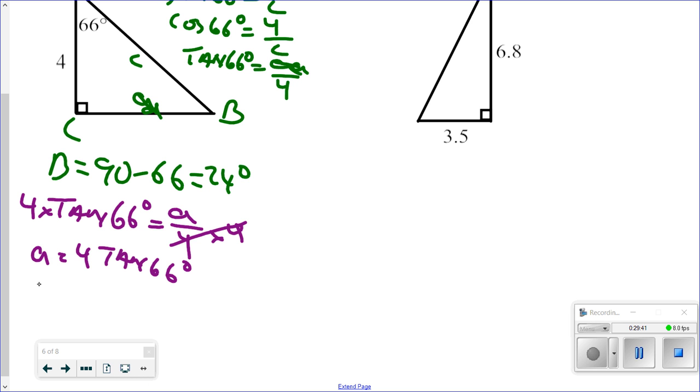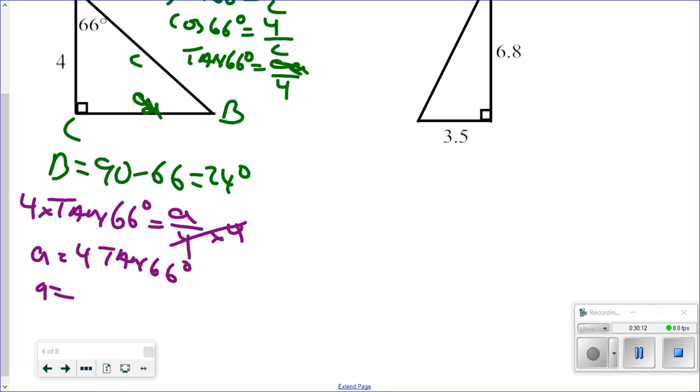And now it's a matter of plugging it into your calculators. 4 times the tangent of 66. 8.98, 41, blah, blah, blah.